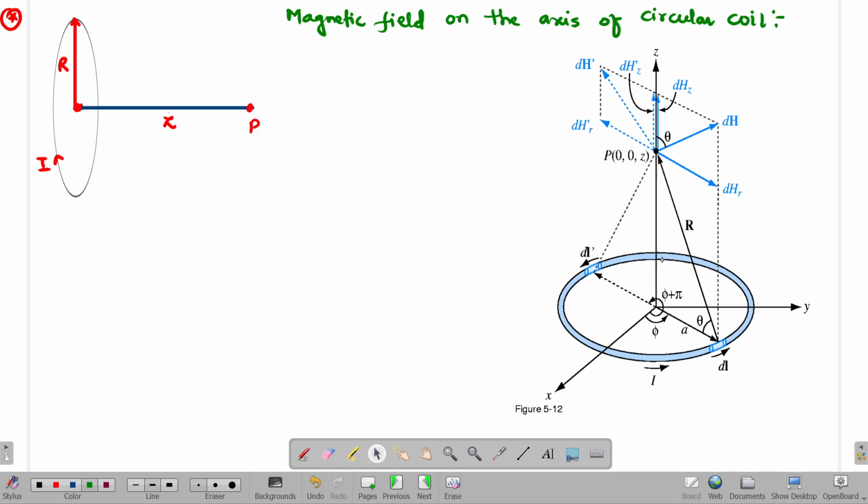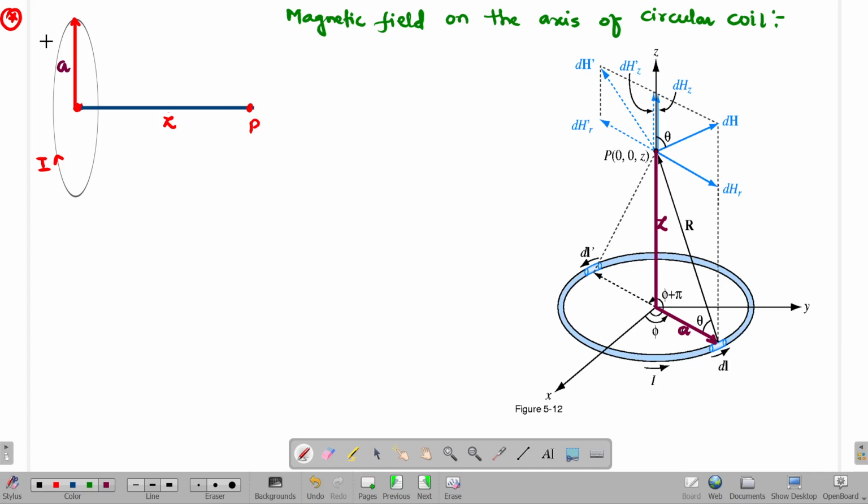A current is rotating here, and this is my z axis from here to here. The radius they have kept as a, and we have also been following a in a straight line, so let us keep it as a. I want to find the magnetic field if a current is flowing like this way.